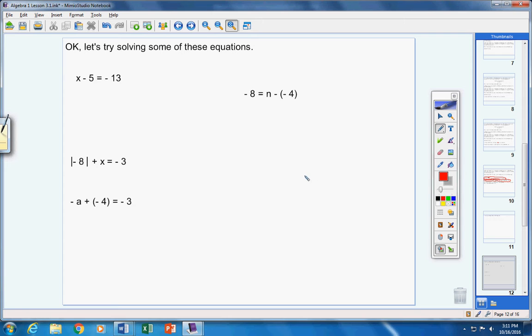Now, step 1, we're going to simplify each side. On the left side over here, I'll put an L for the left side. There's nothing I can do with the -8, nothing at all. On the right side, there is some simplification I can do. I definitely cannot combine these two terms. They are unlike.